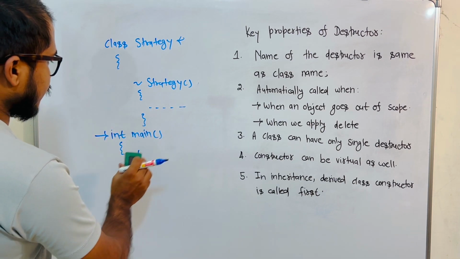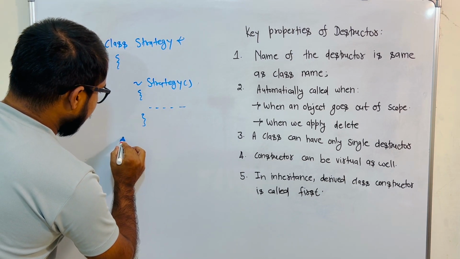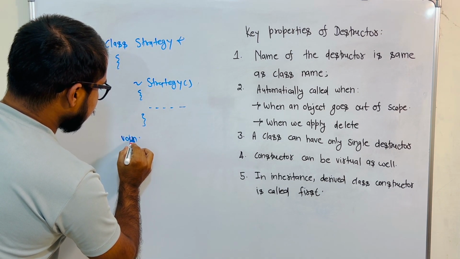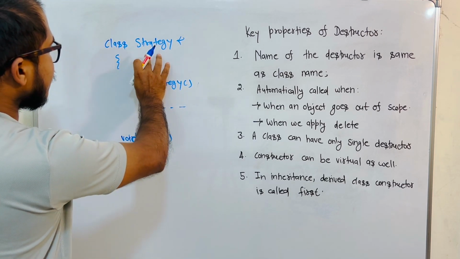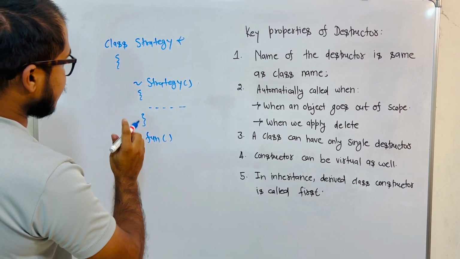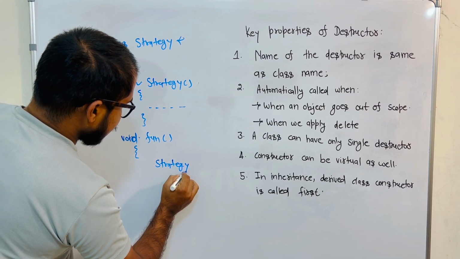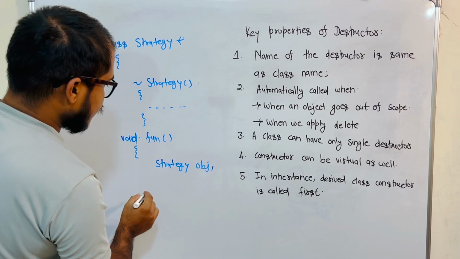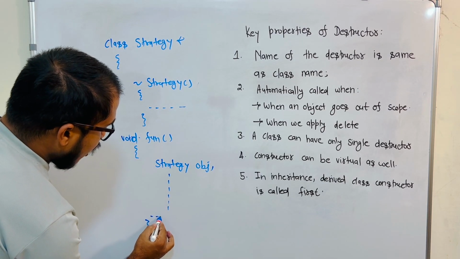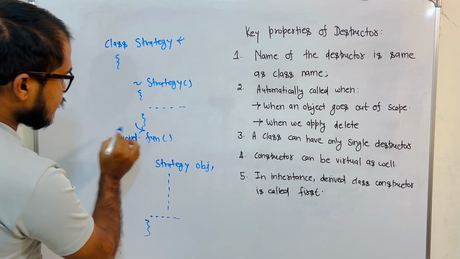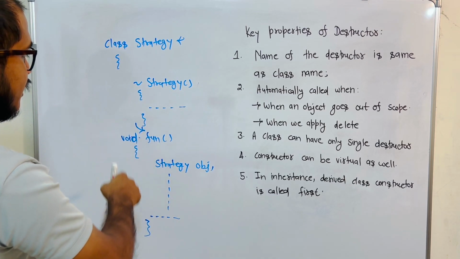If I take another example, let's say I have some random function, void func, and I am creating the object of this strategy class inside this function, strategy obj. I will use this object inside this function, but when I go out of scope of this function, the destructor of this class will get executed.